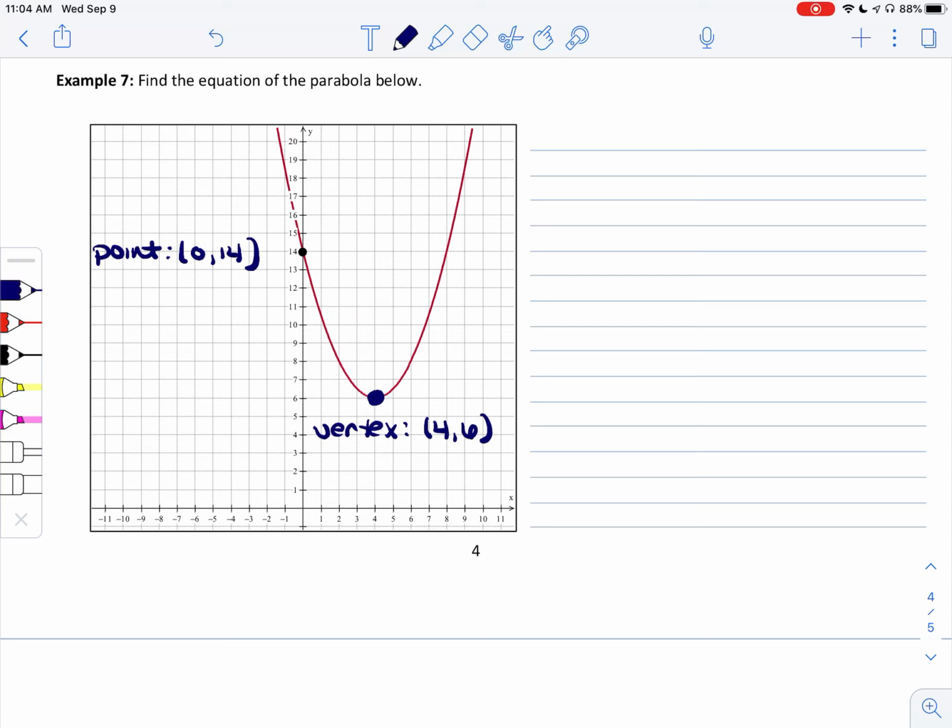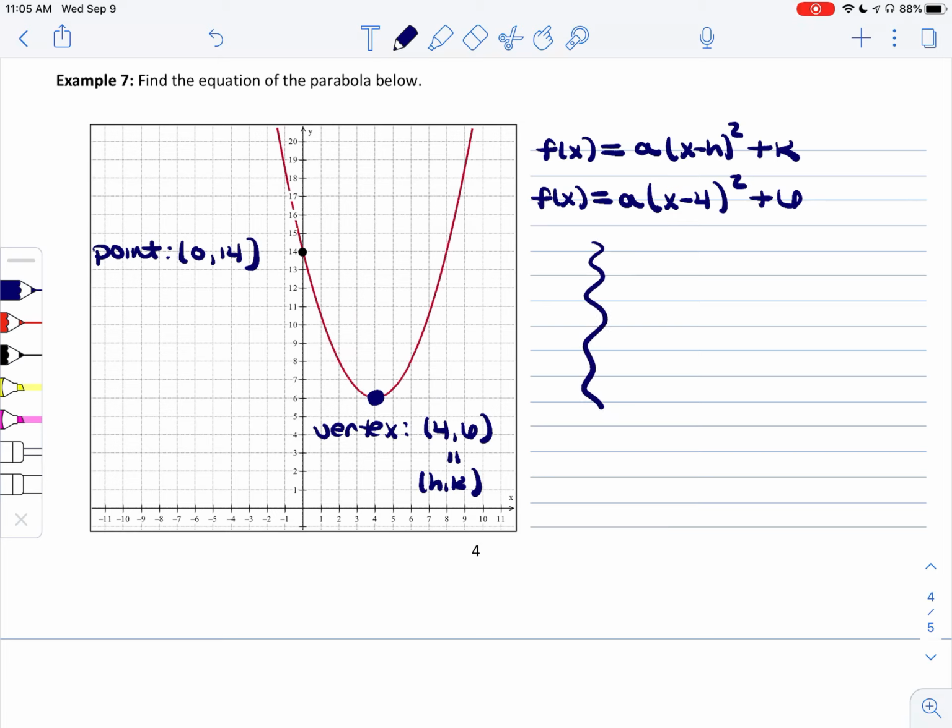All right, now we're just going to do the same thing that we did in example 5. We're trying to find the equation of this parabola, and it's always easier to find the equation in our standard form or vertex form. I always recommend that you go that route if you're asked to find an equation. The vertex, remember, is our h and k, so we can start by just plugging that in. That would give us f of x is equal to a times x minus 4 quantity squared plus 6.